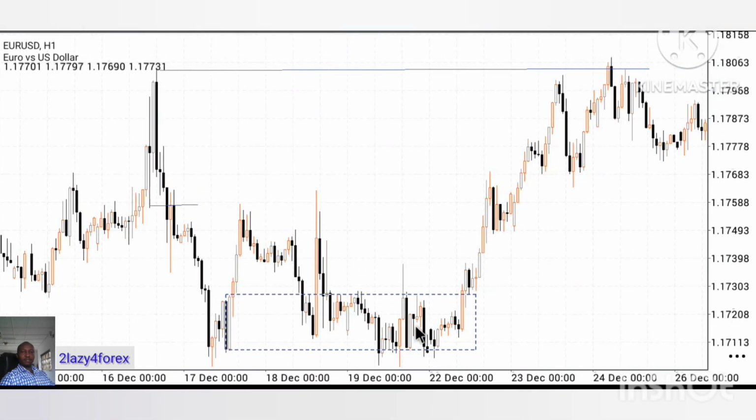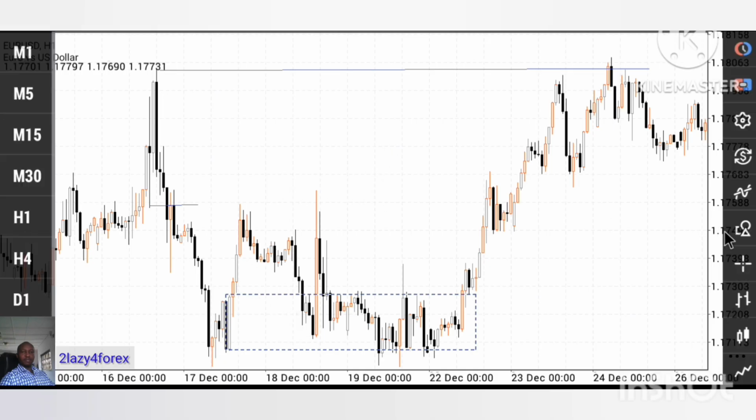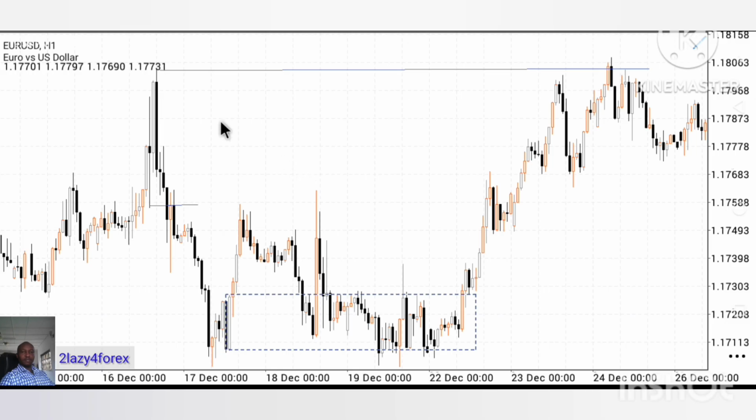So look at it from here. You broke it, came here, it went up. Your entry models, your confirmation, everything would be within this block. Is that not a lovely strategy? That is a blessing from Fibonacci tool.